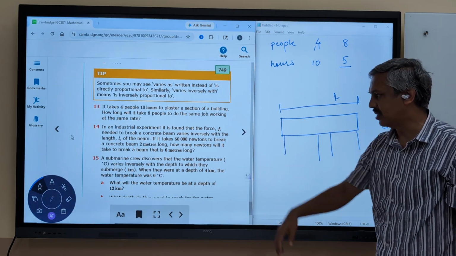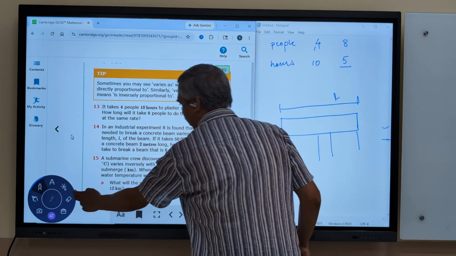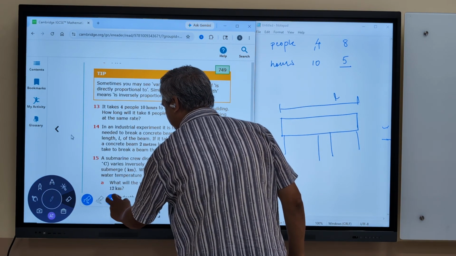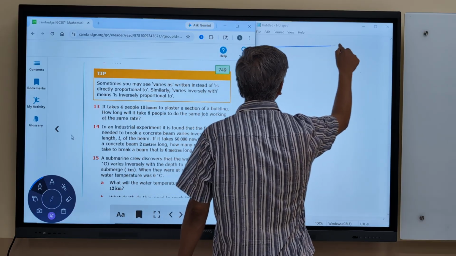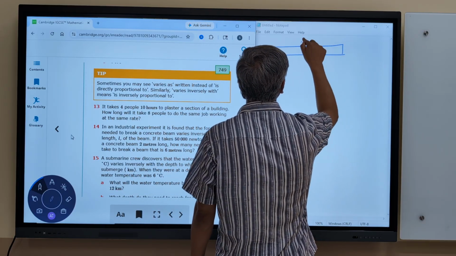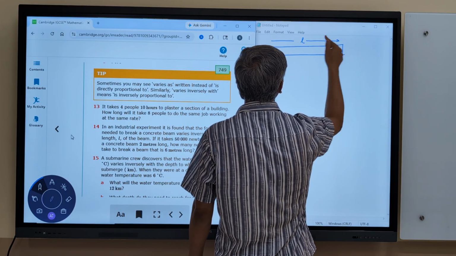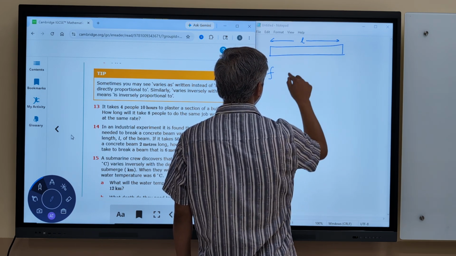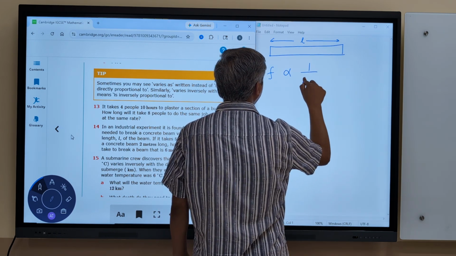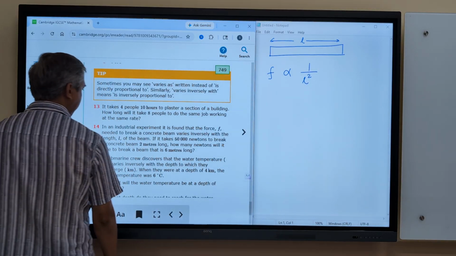So what is said is the length and the force have a specific relationship. What is that relationship? The force required to break this beam is inversely proportional to L. See this.